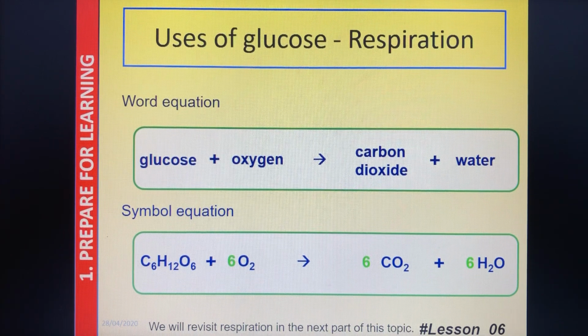And we said so that we don't spend a long time balancing that equation, we just remember that all of the small molecules have that number 6 put in front of them. We will need to memorise that chemical formula for glucose, C6H12O6. But we are going to revisit respiration in more detail later on in the topic.